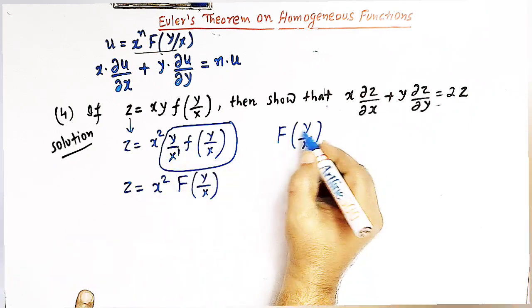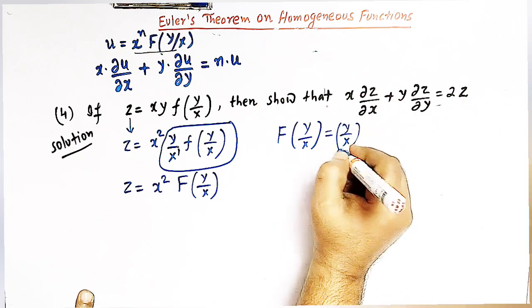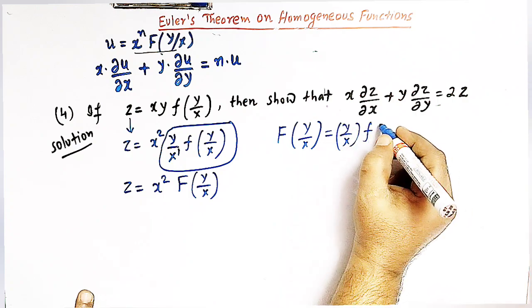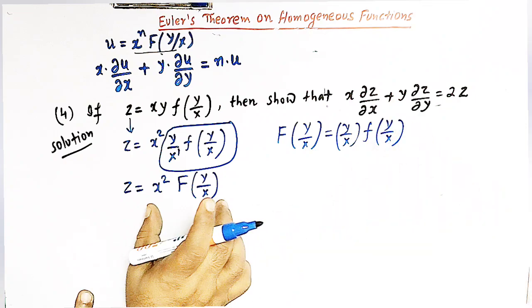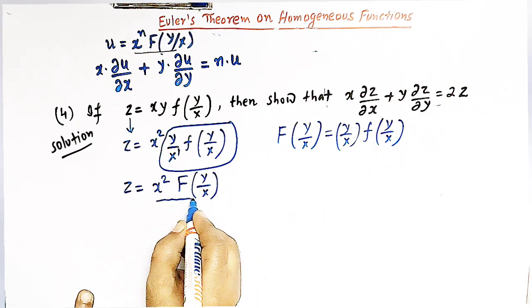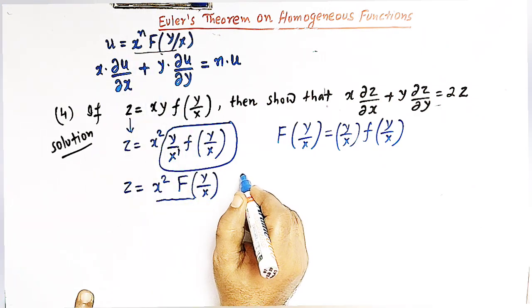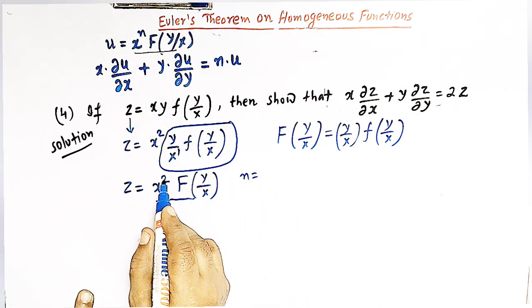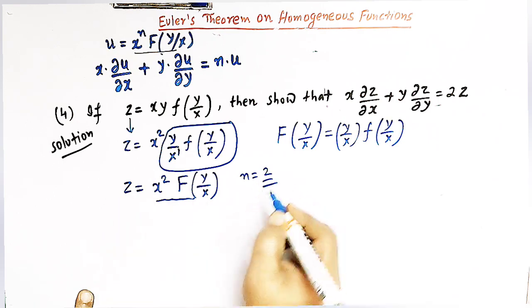So where f of y over x is given by y over x, and here we have a small f of y over x. So now this is a homogeneous function of this form, where the value of n, that is the degree of the homogeneous function z, is given by 2, right?